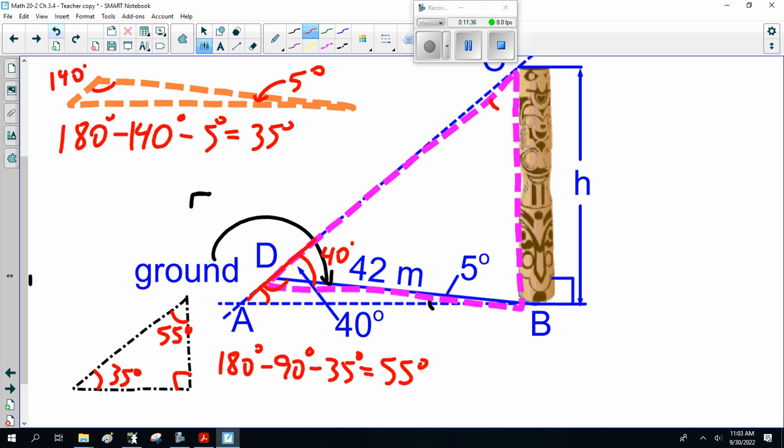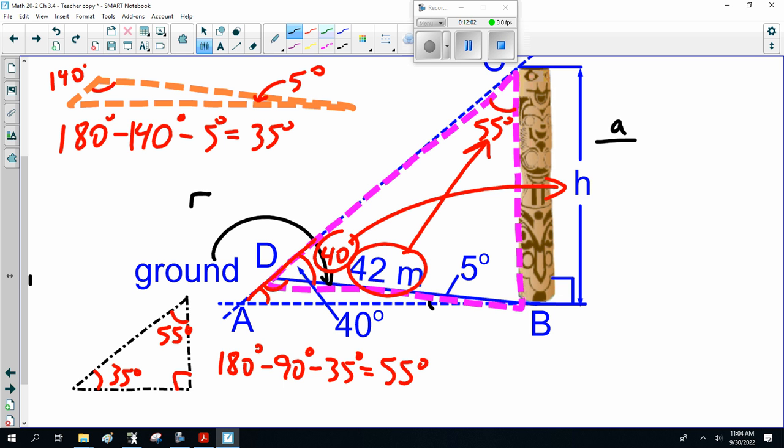Now, I have a side, the angle opposite it. I have another angle, 40 degrees, and I'm looking for the side opposite that. What do I use? Sine law. Now, I'm looking for the side length, so that should be a over sine A equals b over sine B. I write the angle down below.